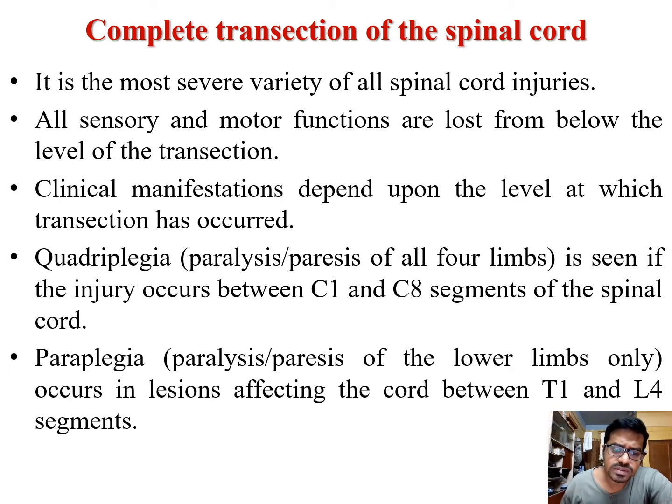While there will be paraplegia or paralysis of the lower limbs only with sparing of the upper limbs, and this occurs when the injury is between the thoracic and 4th lumbar segments. So if the injury is affecting the cauda equina, then there won't be much paraplegia. So if there is a paraplegia or paralysis of the lower limbs and the upper limbs are spared, the injury will be between the thoracic and the 4th lumbar segments.